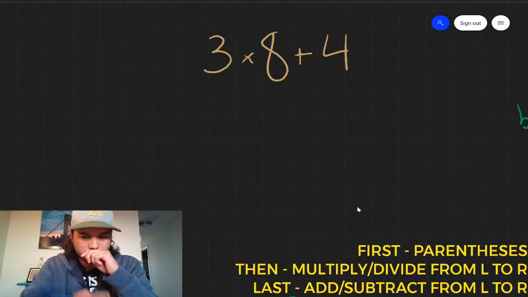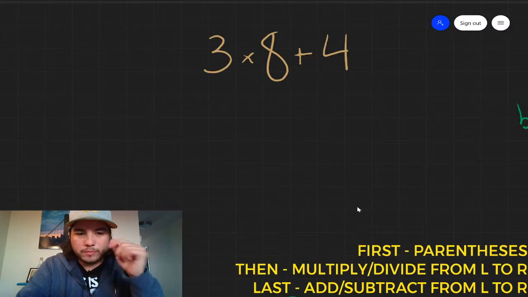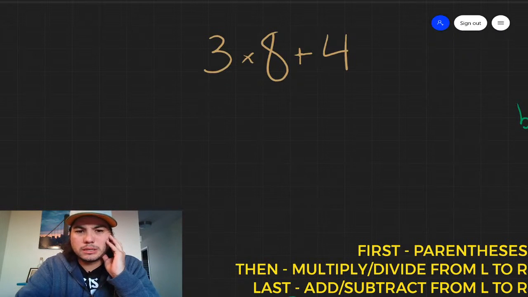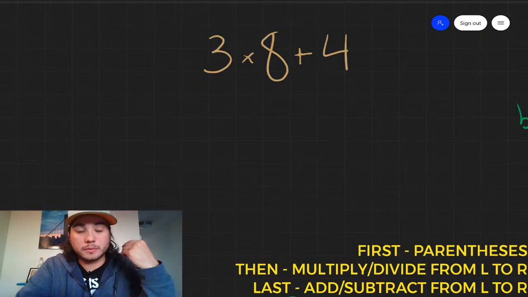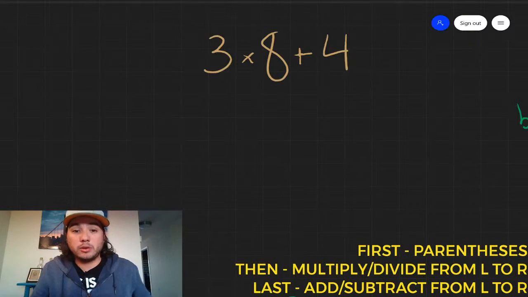And what I want us to remember, looking down there at the bottom right-hand corner of our screen, okay, first, parentheses. Do you see any parentheses in this expression? No. No, you do not. So, we've got nothing to do there.